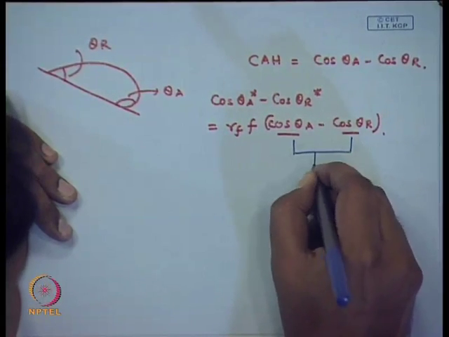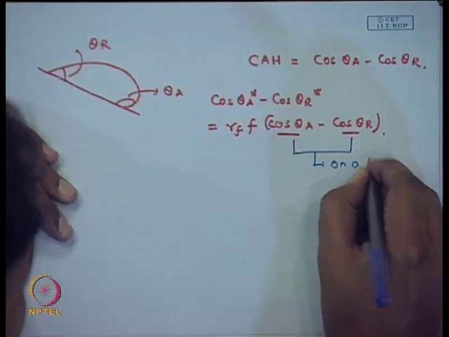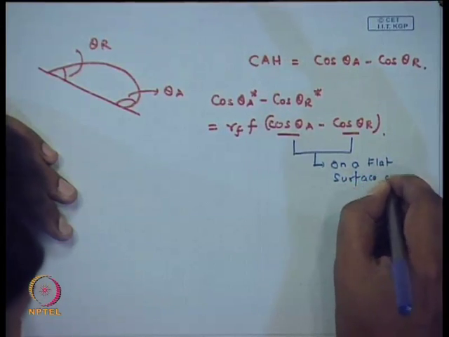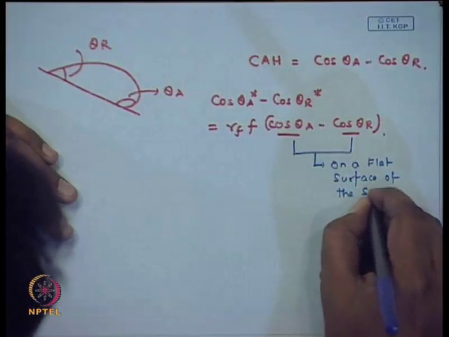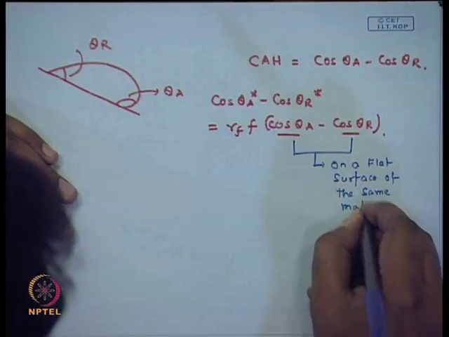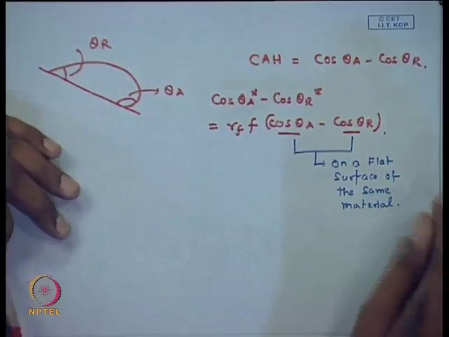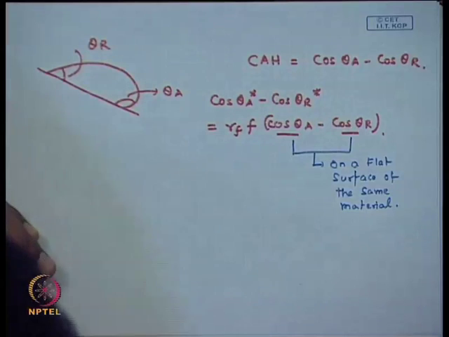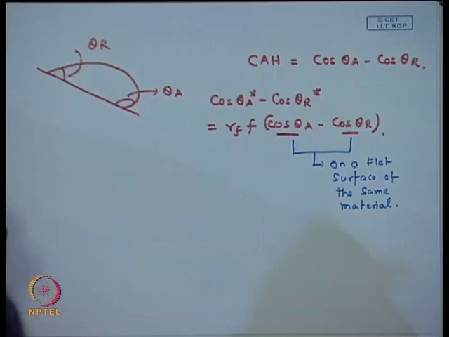Please remember, on a flat surface of the same material. Okay. So, essentially the hysteresis, or the energy required to move the drop, whether it goes up or comes down, is to be seen.